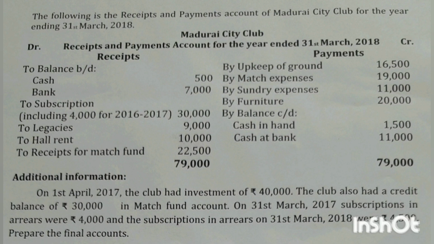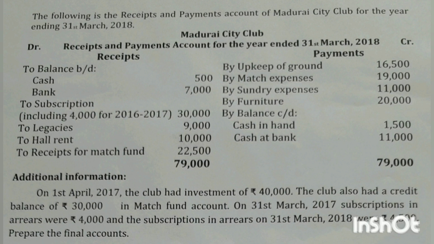March 31st 2018 means current year end. Subscription in arrears, outstanding subscription on 31st March 2018, is the current year asset. On 31st March 2017 it is the previous year asset. Based on the time period given, we should understand whether it is an asset or liability of the current year or previous year.